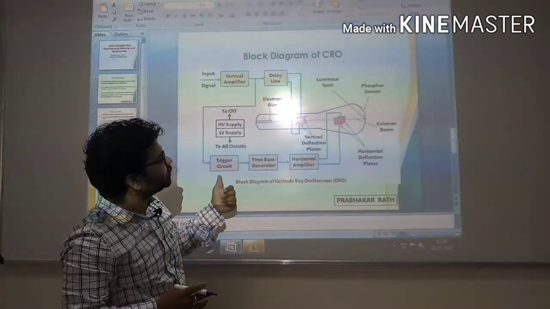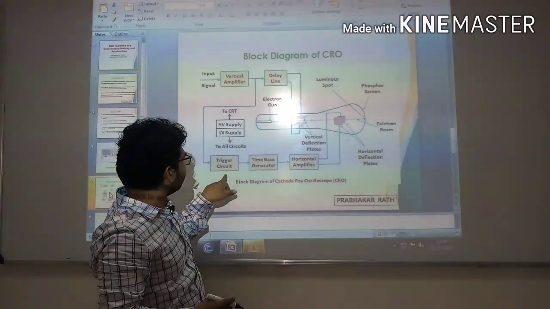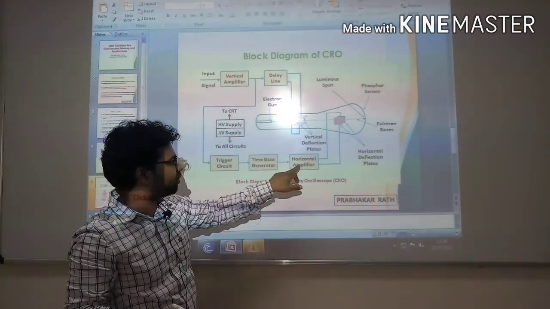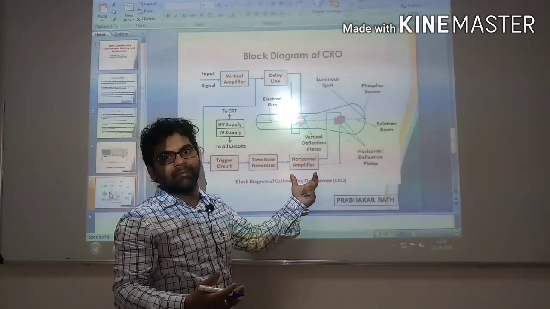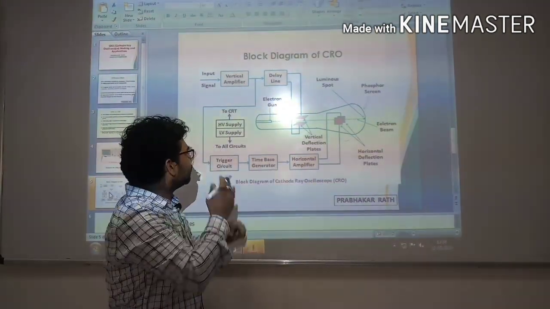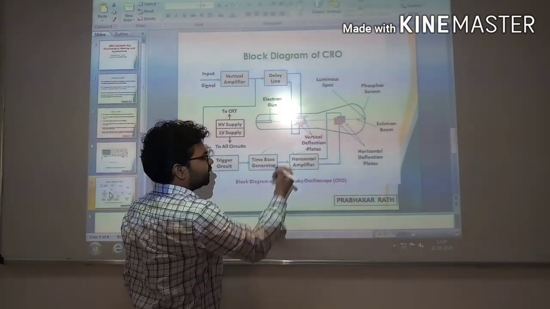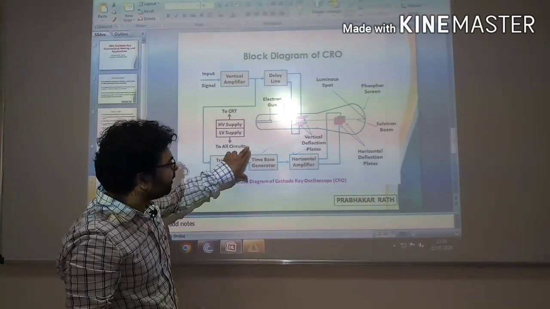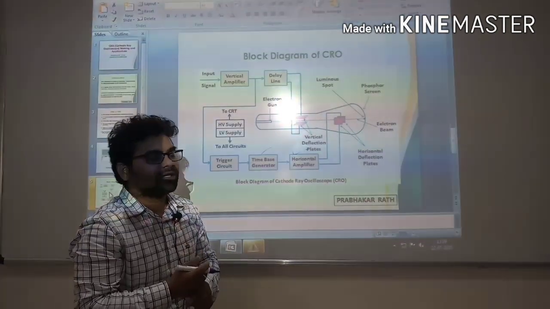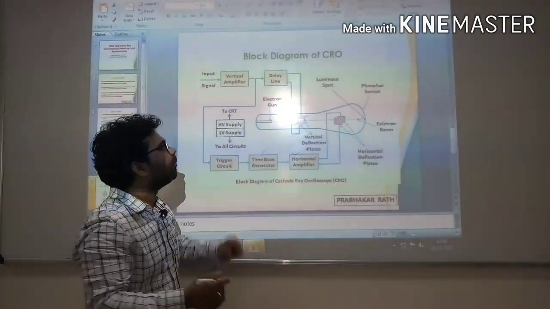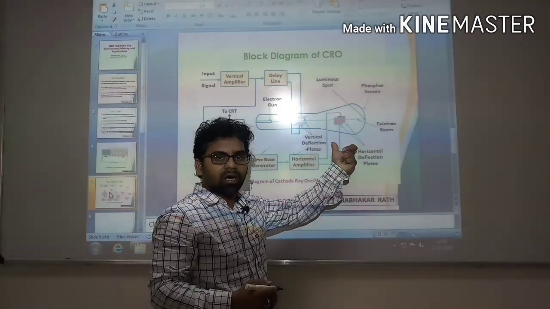But when the signal goes to the horizontal deflection plate through the trigger circuit, through the time-based generator, through the horizontal amplifier, the signal goes through so many stages, like this is your parameter 1, this is your parameter 2, this is your parameter 3. Due to this reason, a delay will occur. That delay will be minimized and controlled by the delay line.